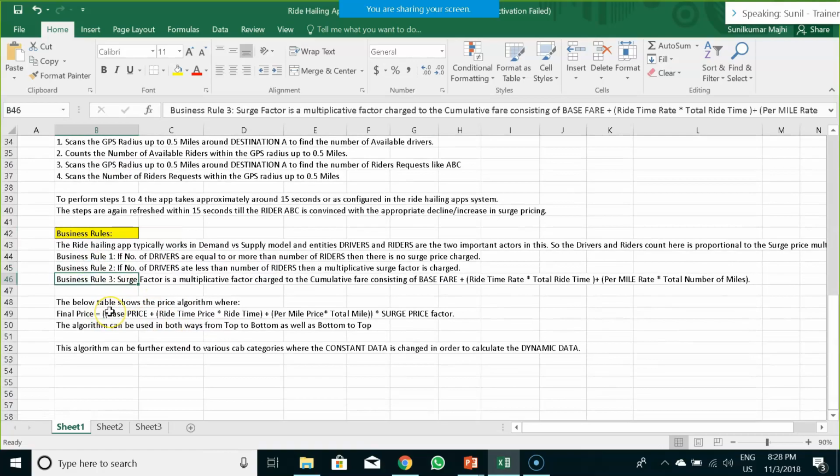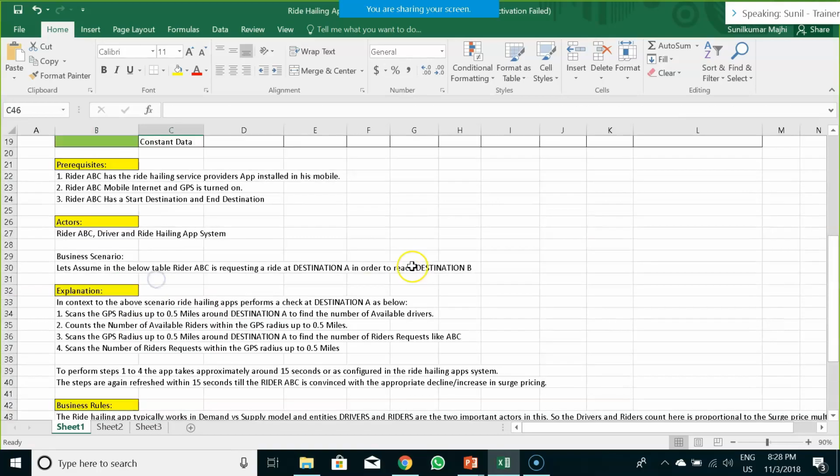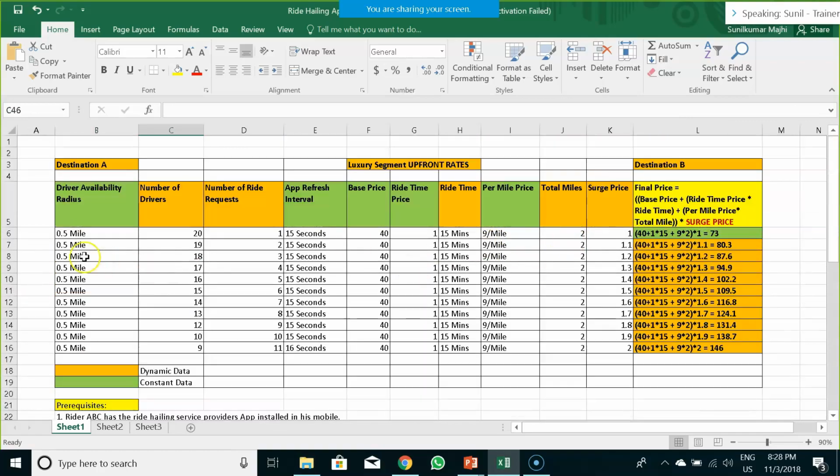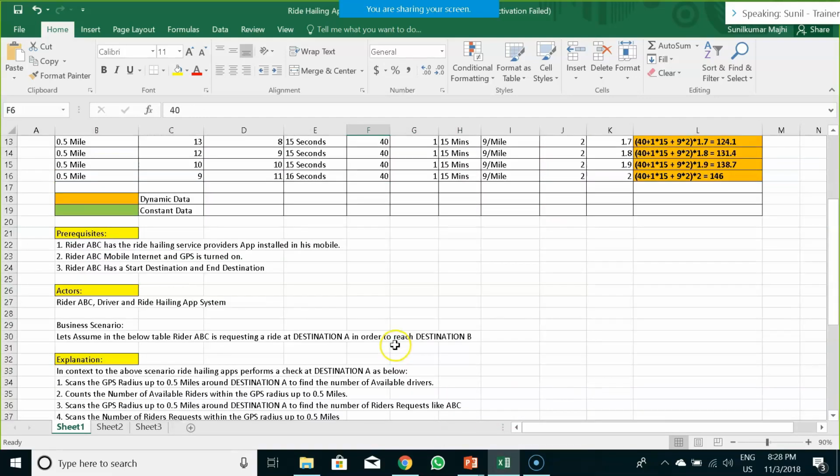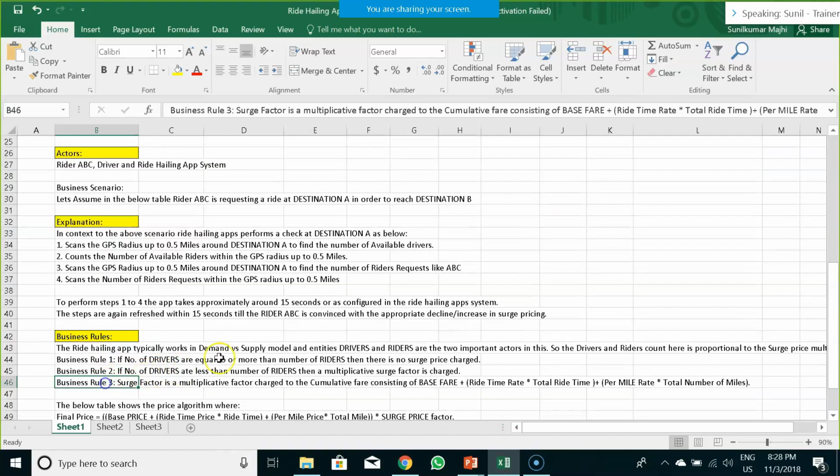Now business rule 3 is, the surge factor is a multiplicative factor charged to the cumulative fare consisting of base fare plus ride time rate into total ride time plus per mile rate into total number of miles. So essentially the surge factor is getting applied to the overall calculation. It is not getting applied to only a single factor. That is what my business rule 3 talks about.